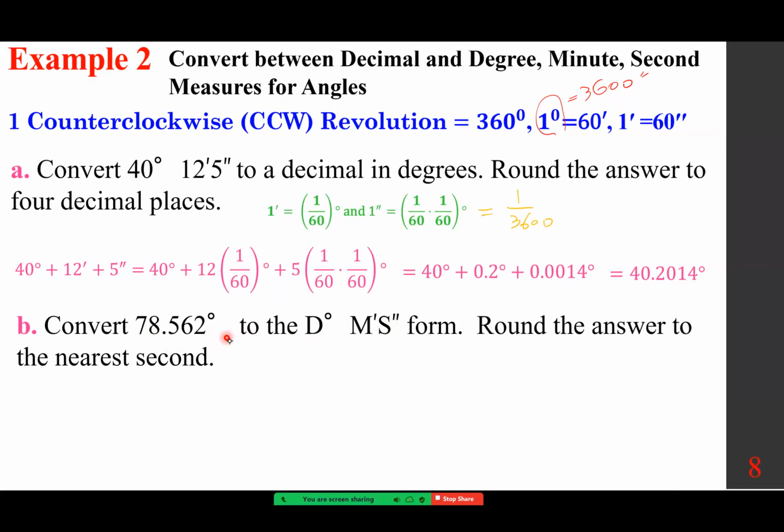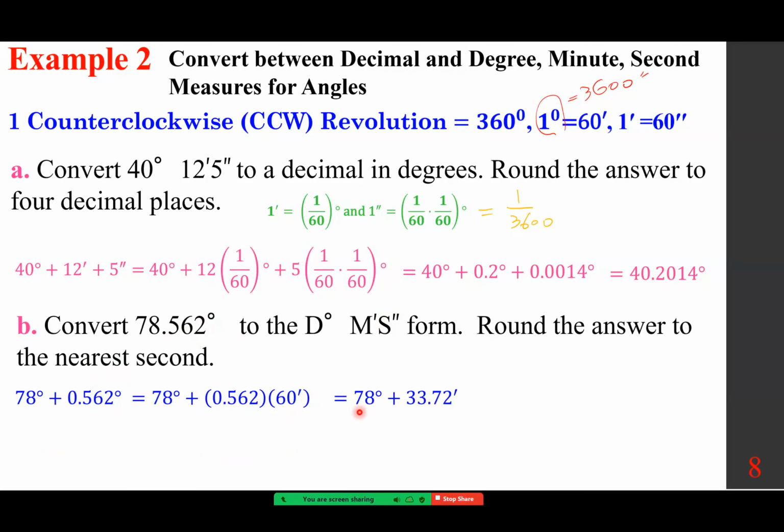Going back, 1 degree is 60 minutes, so we multiply the fractional part by 60 and now it is in minutes.